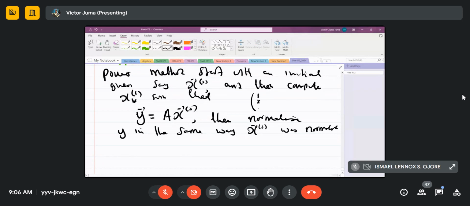So in all these subsequent iterations, you keep normalizing the same variable as 1. Or you fix it. So whichever value you get here, you divide by the quantity such that this value is always 1. So that means y is the same as lambda 1 times k1. So this k1 is a normalized vector, the same way x0 was normalized.